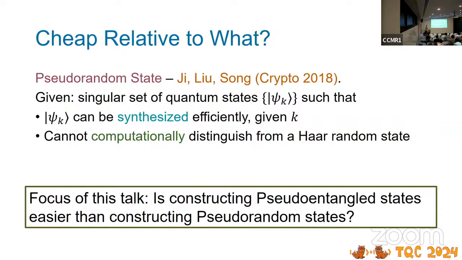Pseudo-random states are, as you saw in Tomoyuki's talk, useful for a wide variety of things. The idea is, can you show that pseudo-entanglement might be easier than the other? Unlike the graph that he showed, we don't really have good relationships between the two classes. I think we now have something about the alternative definition of pseudo-entanglement and EFI pairs coming out of Okinawa, but for this definition introduced by Bouland et al., I don't think there are any formal relationships. So the question is, can we show that one is easier than the other?